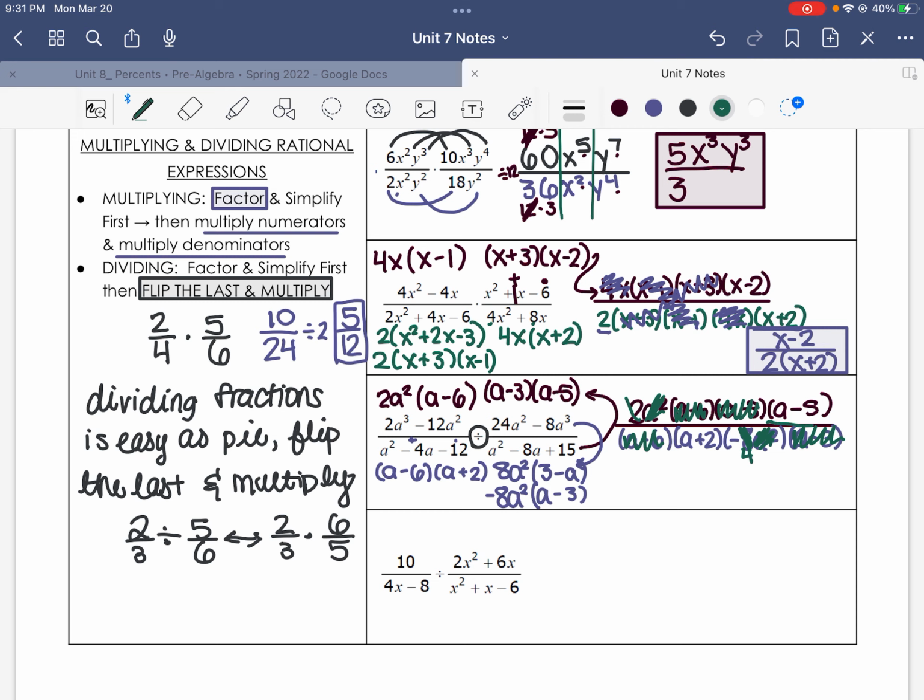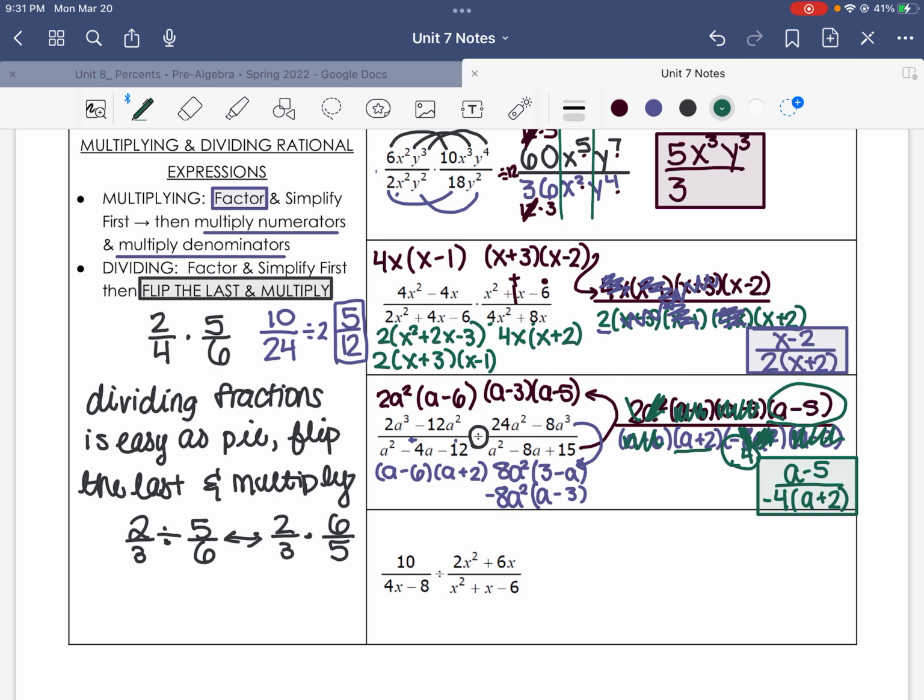So on top, I have the a minus 5 left. And on bottom, I have a plus 2 with a negative 4. That's it.